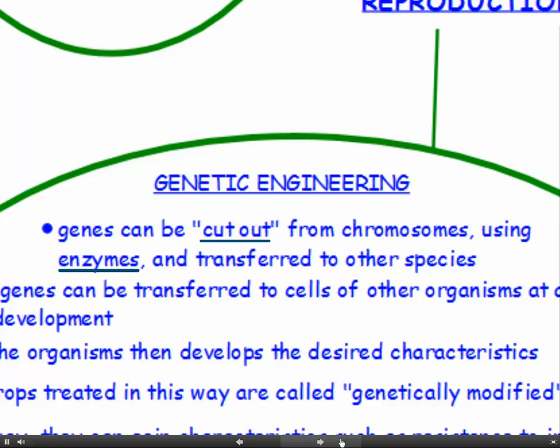See these terms, cut out and enzymes, are underlined. Those are the words to use in the exam. These genes can be transferred to the cells of other organisms at an early stage of development. And these other organisms then develop the desired characteristic that's coded for by that gene.